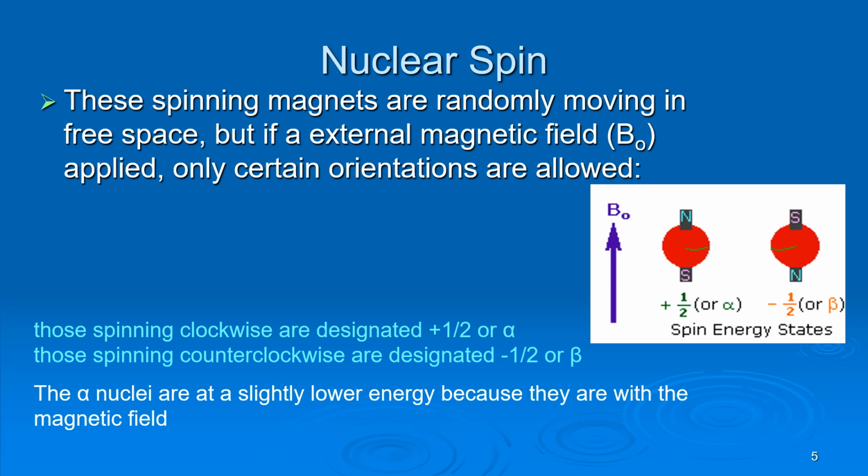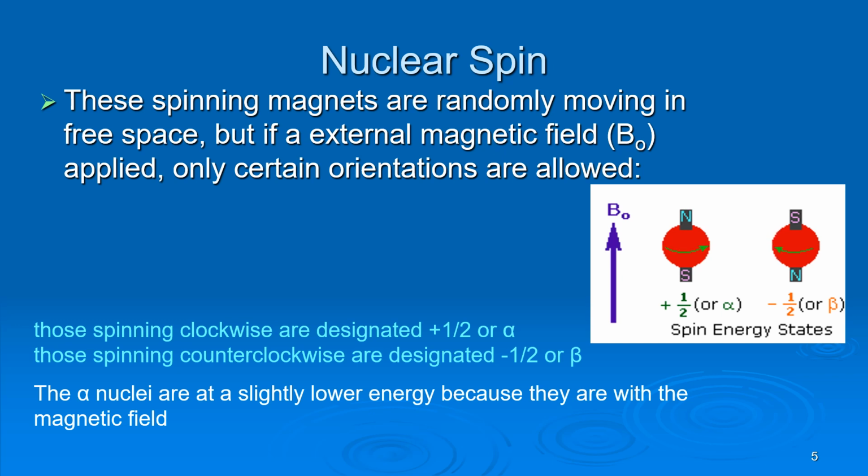So these magnets are random. And they're kind of in free space, just randomly oriented. But if you put them in a magnetic field, the spinning nuclei will line up with the magnetic field. And when they do, there's only two orientations that are allowed.